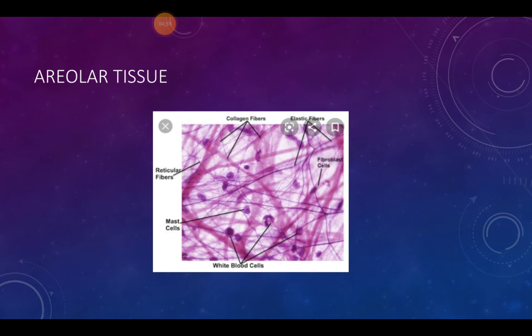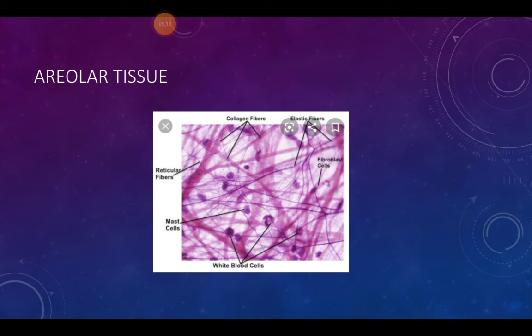Areolar tissue. Location of areolar tissue: it is present between the skin and muscles and around blood vessels and nerves. Functions of areolar tissue: it binds the skin to other underlying organs.